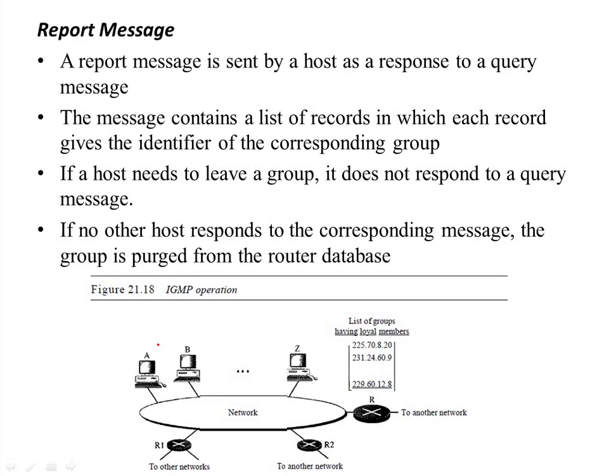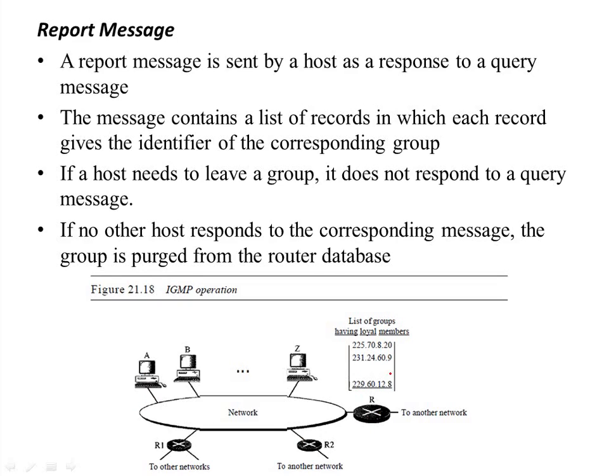Now what happens, let us say A wants to join the group. A is not a member of this group, so A wants to join. Whenever A wants to join the group, the router will send the query to the network, and A will respond to that.